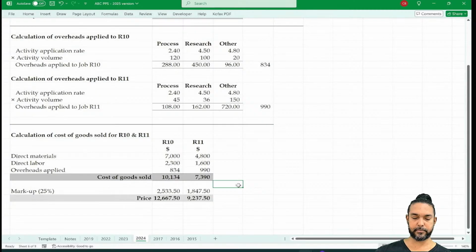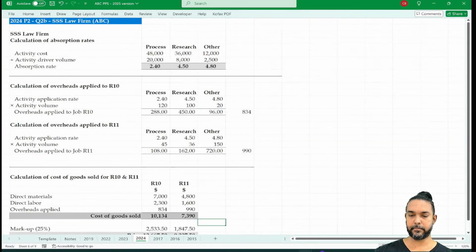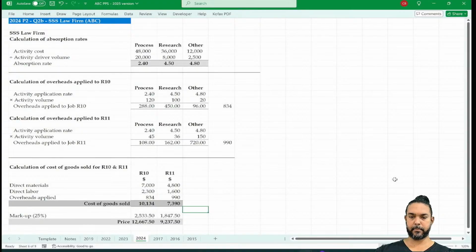That's okay? Is this too small? Right, okay, cool. All right, lovely.